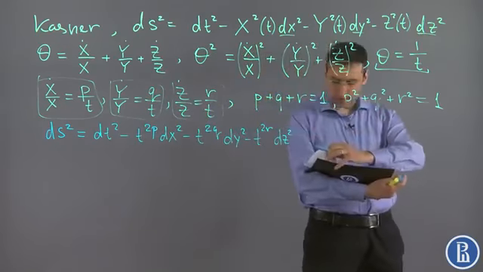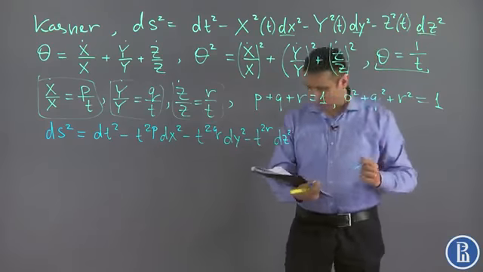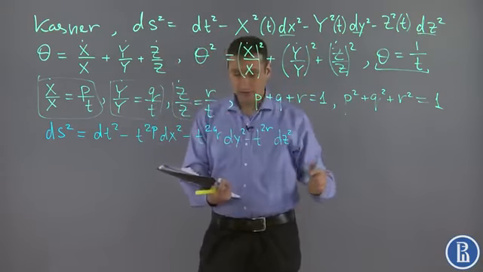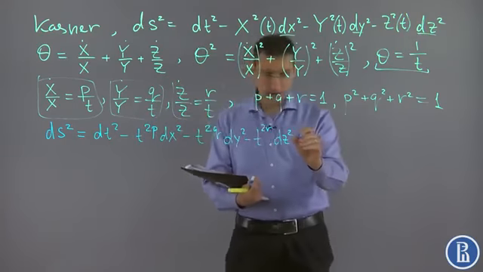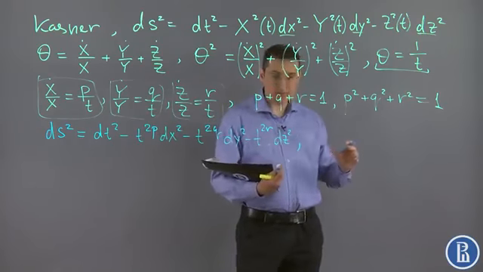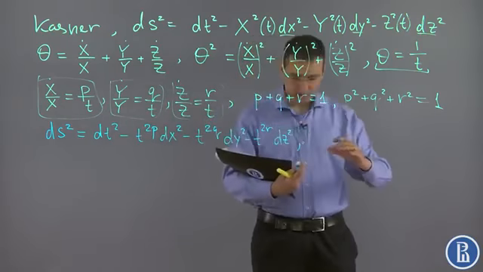So let us explain one physical situation where the Kasner solution naturally appears. Consider the Schwarzschild metric under the horizon.